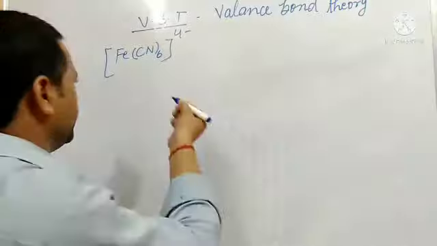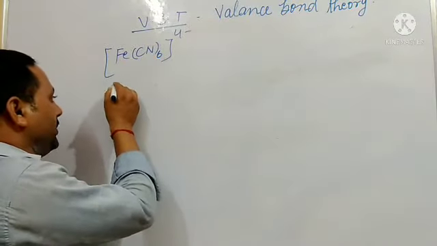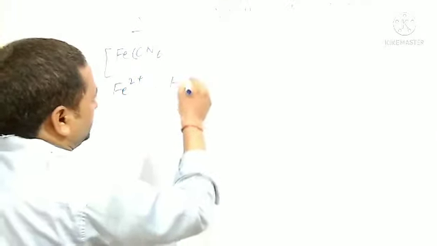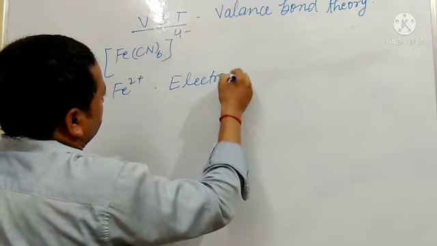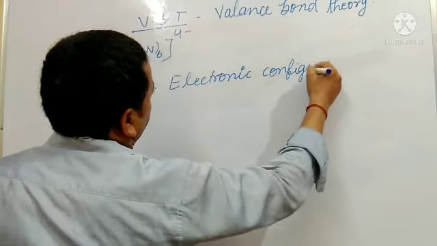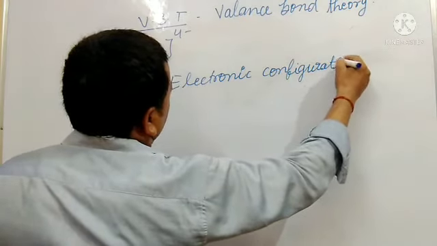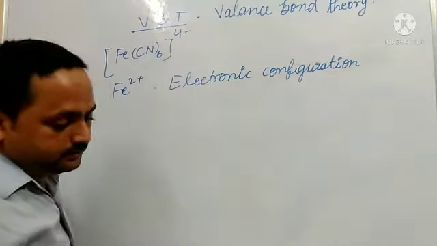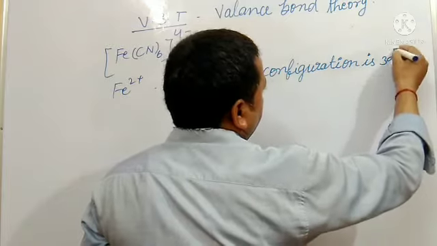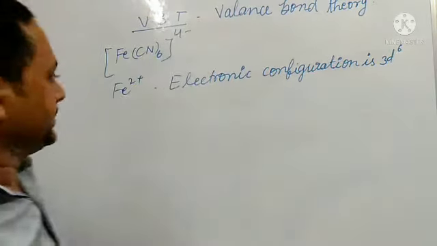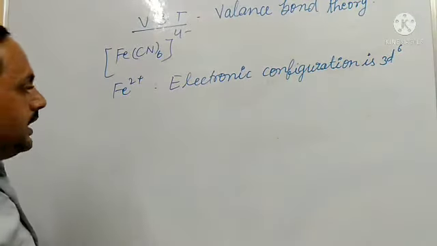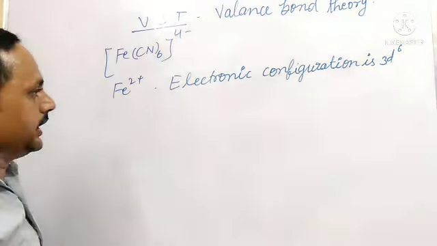The electronic configuration of Fe +2 is 3d6. Okay, so this point may be clear here.